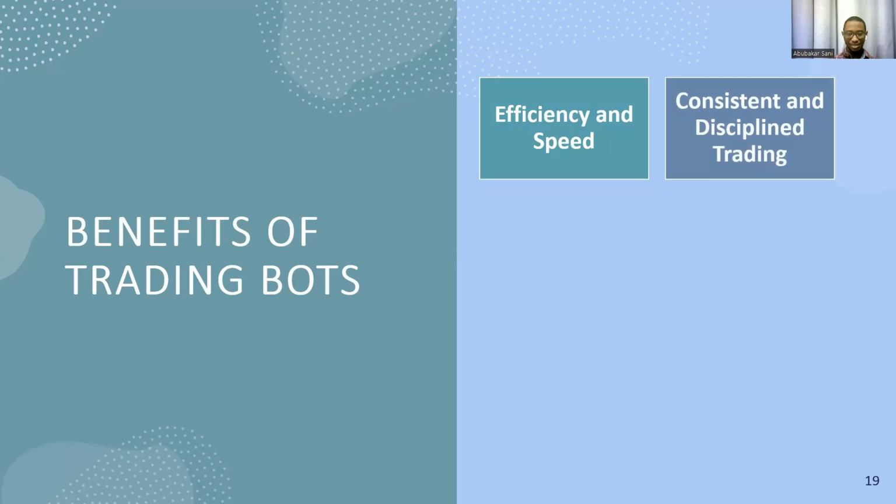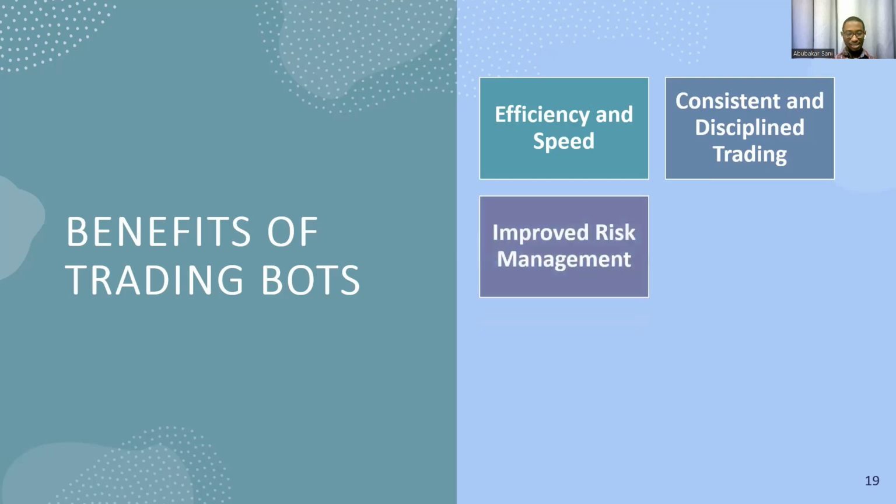You can't compete with them in this regard as well. They are so disciplined to the extent that if you tell them, that's why we call them machines, garbage in, garbage out. So whatever you tell them, that's exactly what they will do. So if you give them a good strategy, they are going to follow that strategy without deviating from it.